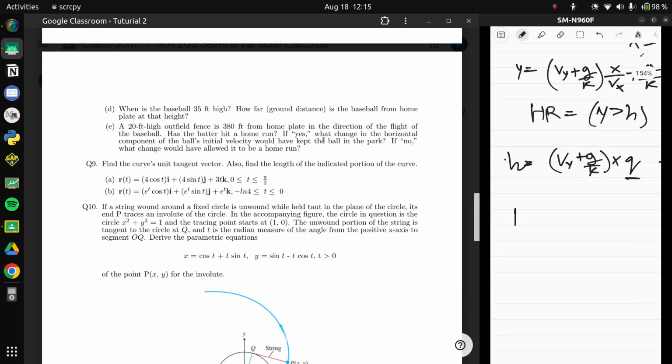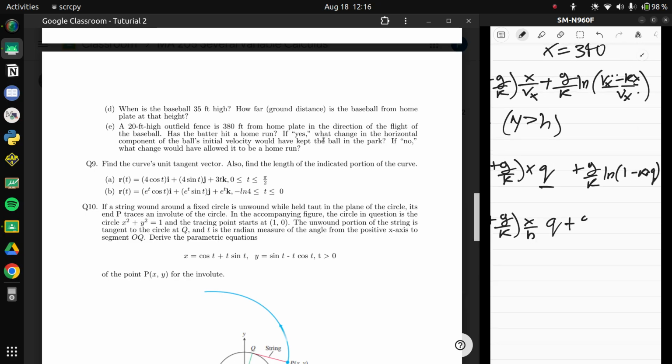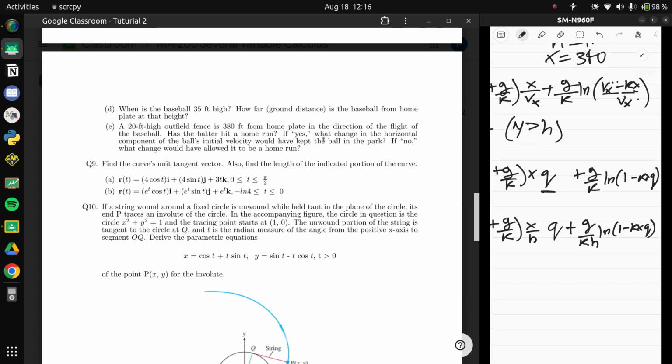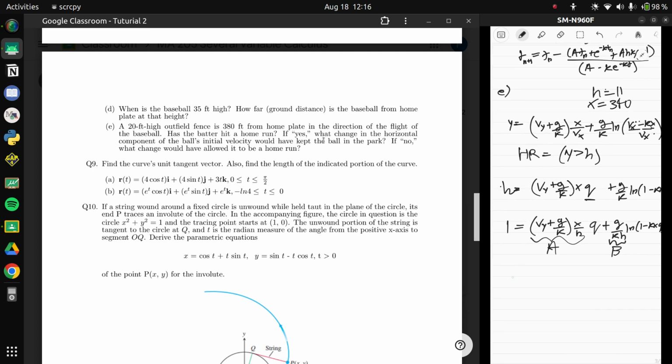So it'll be something like 1 is equal to all of this stuff, vy plus g upon k x upon h times q plus g upon kh, and then you got natural log of 1 minus kxq, right? So let's just call this whole thing a, and this whole thing is b. So it just becomes 1 is equal to aq.